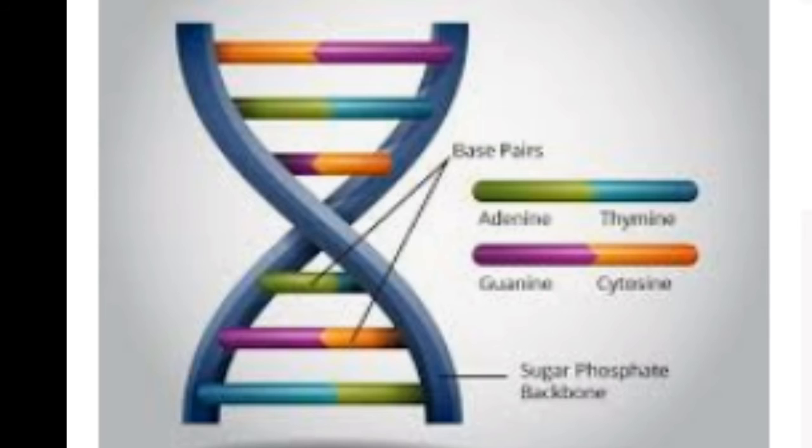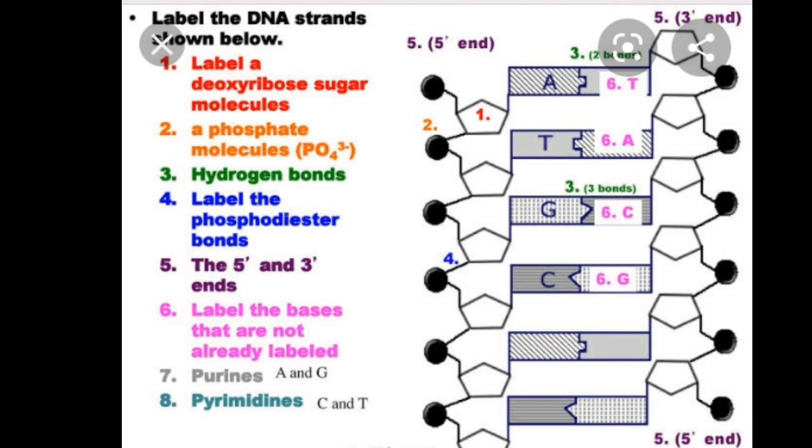Nucleosides are divided into sugar and base pairs. The base pairs we have already discussed: adenine, thymine, cytosine, guanine. Students, this is only the base of this topic.